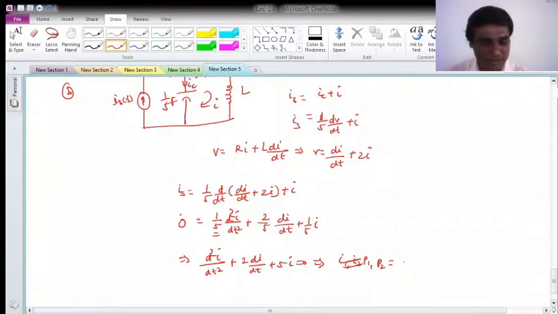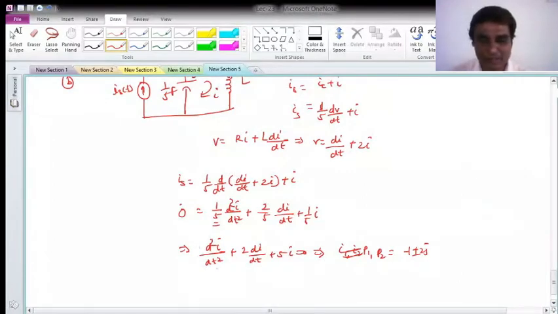The roots I got are -1 plus or minus 2j. From that you can directly write the form of i of t for the free response, which will be k into e raised to minus alpha t into sine of omega t plus theta. Here omega t is 2t plus theta.